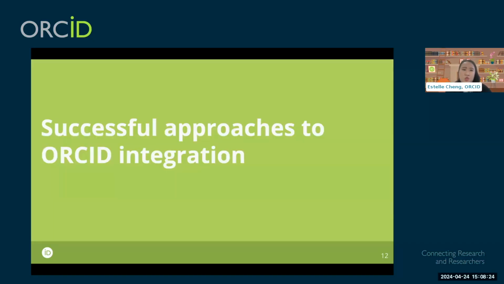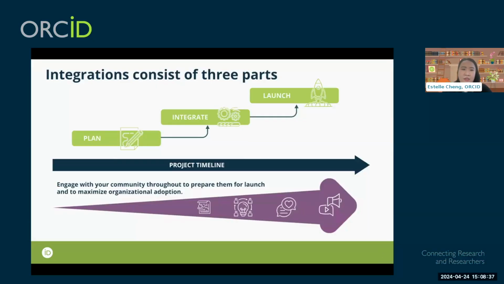To have a successful ORCID integration, there are several parts, more than just the technical part. So what are they? They can basically be divided into 3 parts: plan, integrate, and launch.